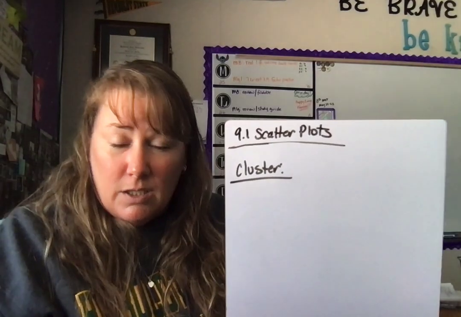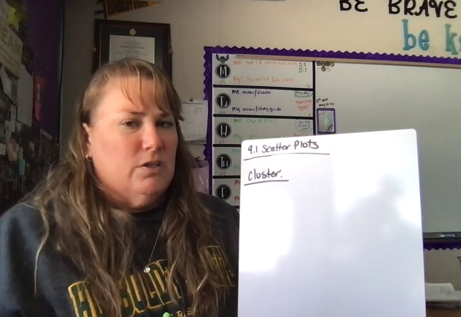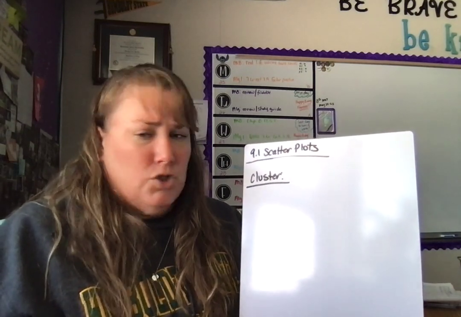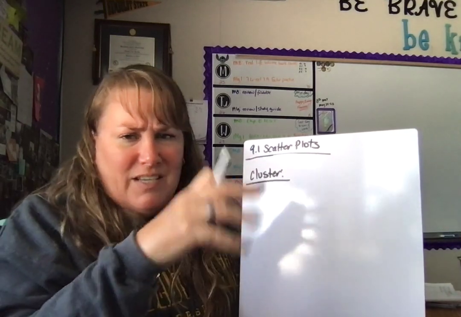Okay, so now in example 2, you're going to have 3 new words, and these are specific to the data points. One of them is cluster. Now, I'm talking about a cluster on a scatter plot. If you think of the word cluster of anything, like you have a cluster of shoes in the corner of your room, hopefully you're thinking of a lot of the same thing.